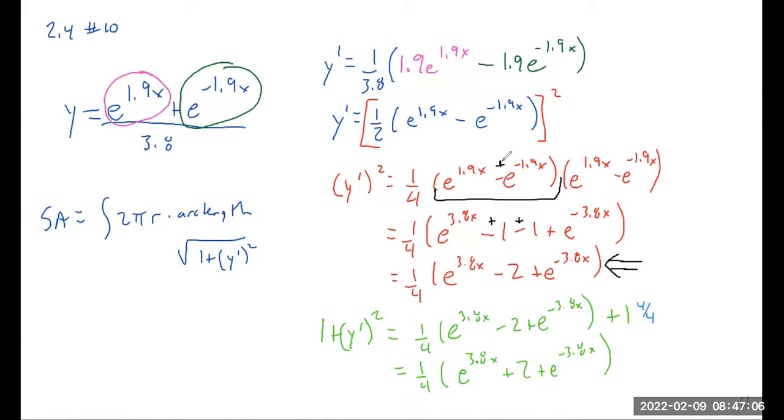So if this had been a plus, everything would have been positive, which would have given us a plus 2, which is exactly what we have. So it turns out that this thing that we've got is actually 1/4 times e to the 1.9x plus e to the minus 1.9x, squared. So in essence, I just factored. You would never in a million years see to factor that.